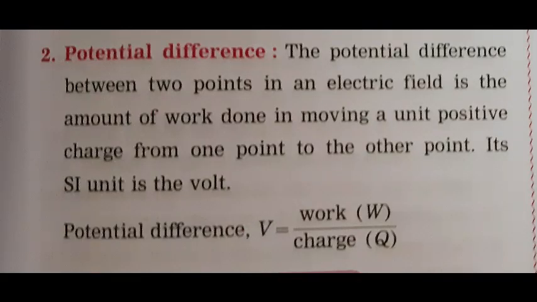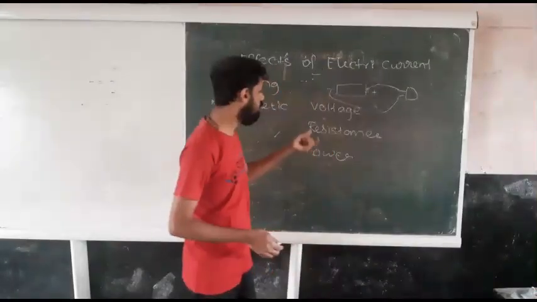Potential difference can be defined this way: the amount of work done for moving a positive charge from one terminal to another is known as potential difference, otherwise voltage.